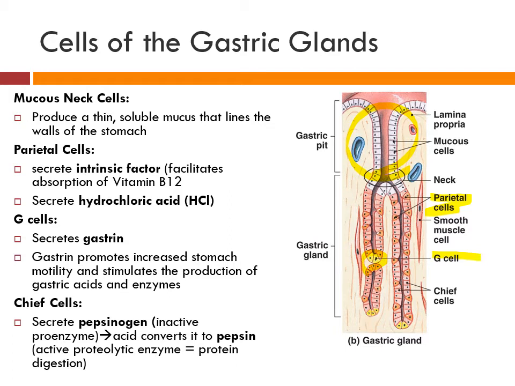And then our chief cells, which are deep down toward the bottom, secrete pepsinogen. Pepsinogen is a proenzyme. Proenzymes are inactive. Once they get activated, they convert into an enzyme. So pepsinogen converts into pepsin, and pepsin is a proteolytic enzyme, which means that it breaks down protein.